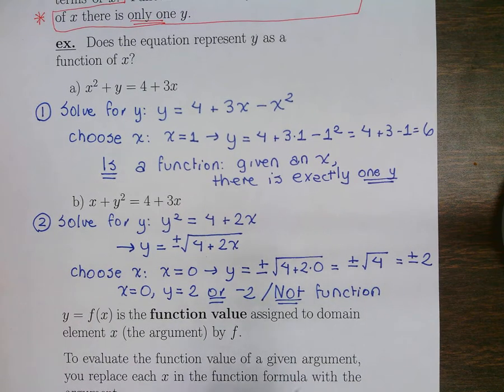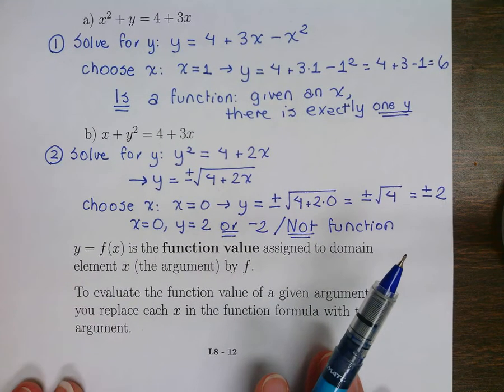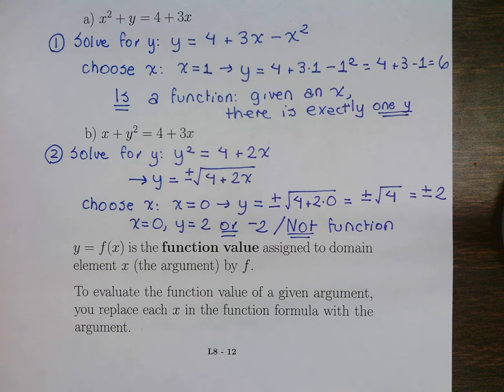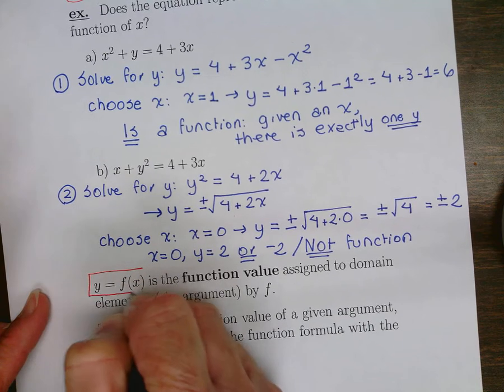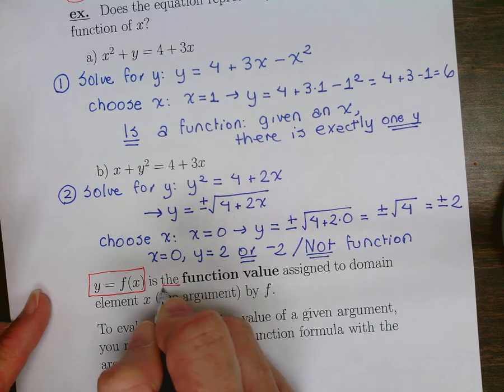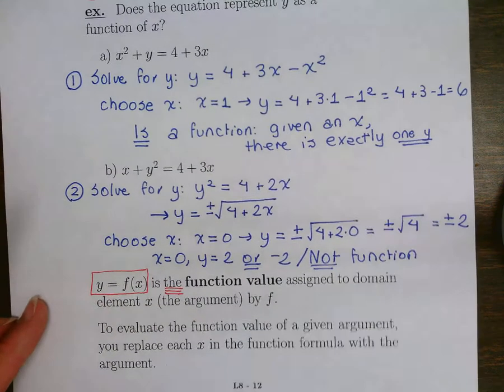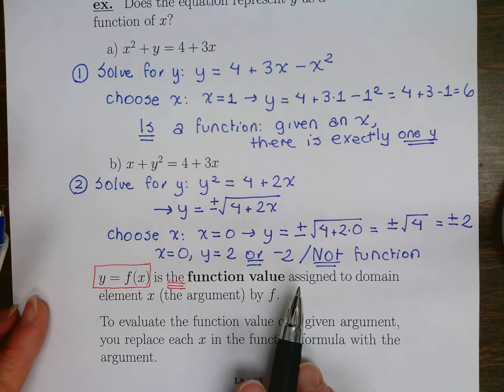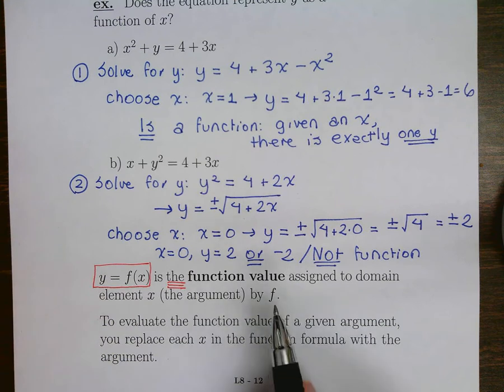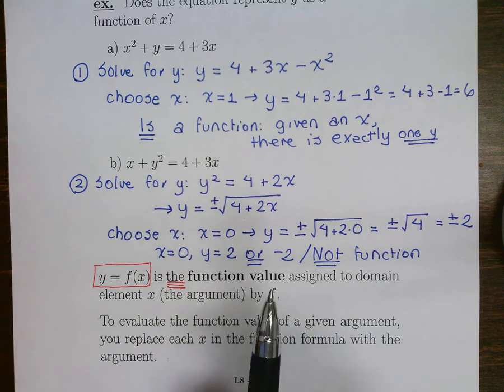So a function says, given an x, there is exactly one y. And because that's the case, we can define function notation. We can define y equals f of x to be the unique function value associated to x by f. Okay? And it's because it's a function, we know there's going to be just one specific y value.